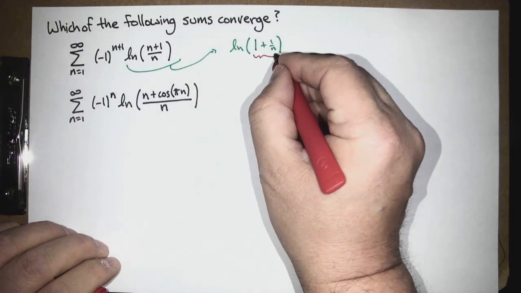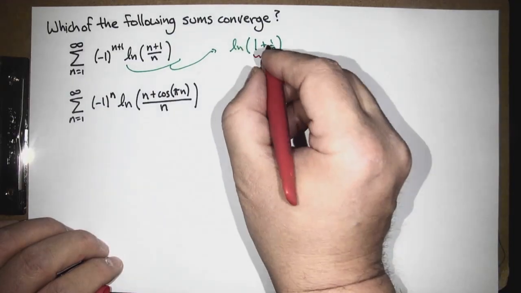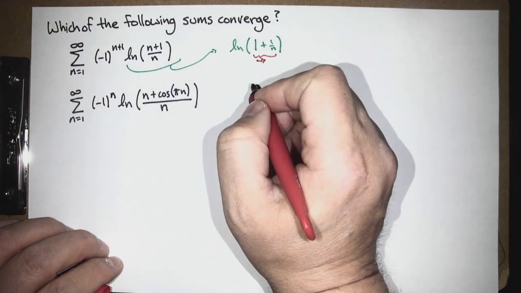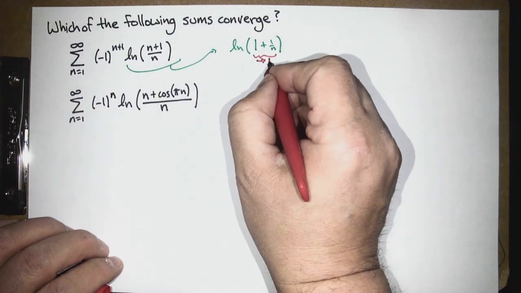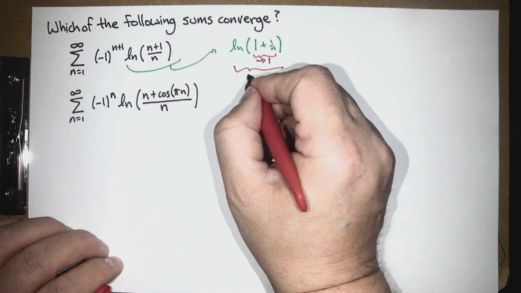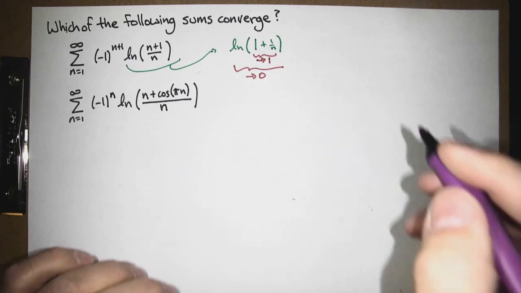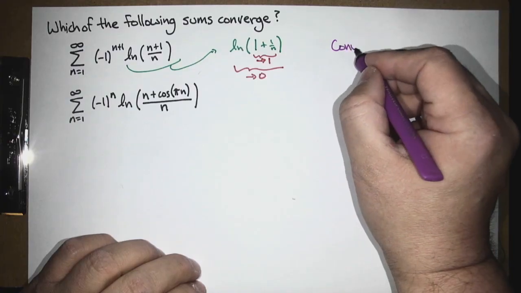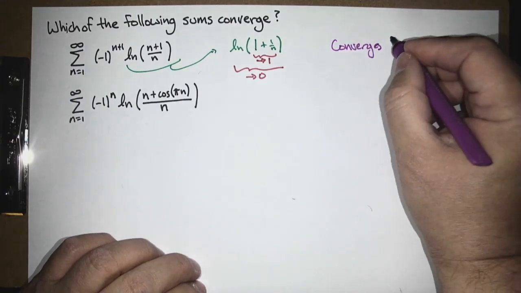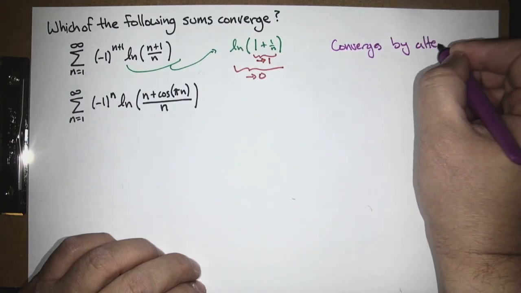The inside goes to 1. Log of 1 goes to 0. So we are alternating, and we go to 0. What's the conclusion? Converges. So this converges by the alternating series test.